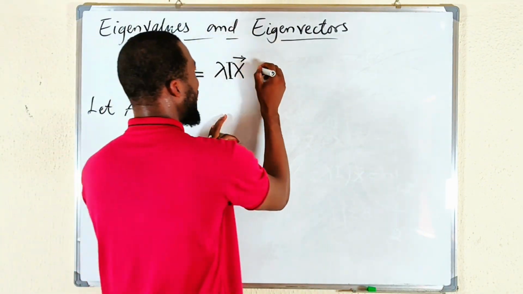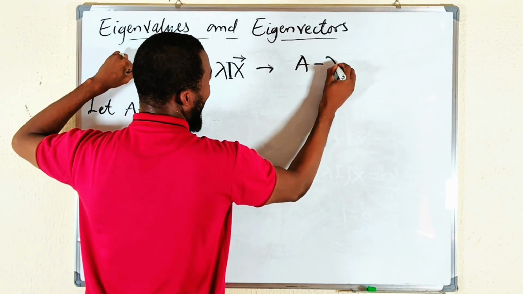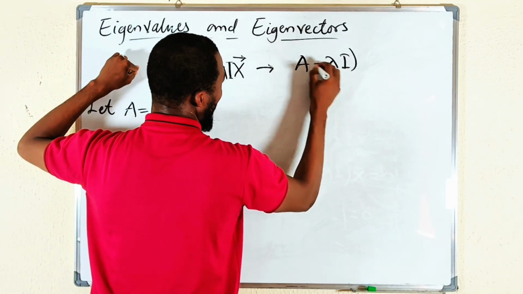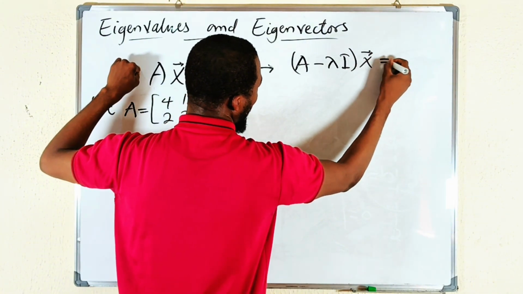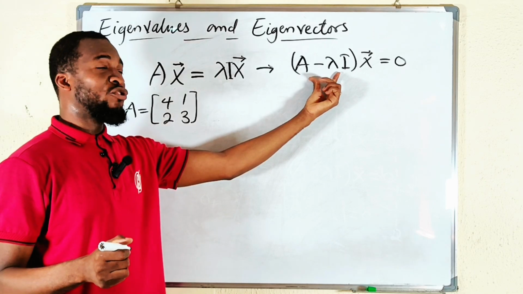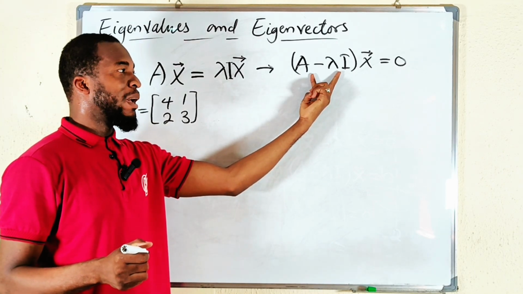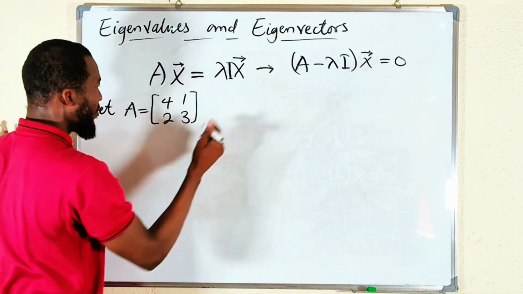And this implies that A minus lambda I multiplied by the eigenvector is equal to 0. We have to ensure that the determinant of this particular matrix is equal to 0. So let's find the determinant of this matrix.